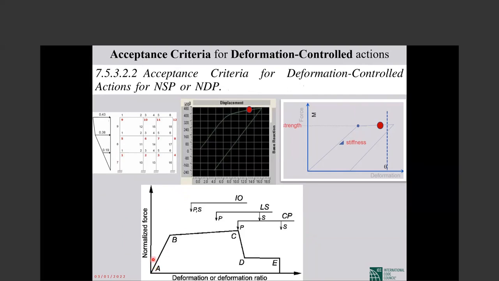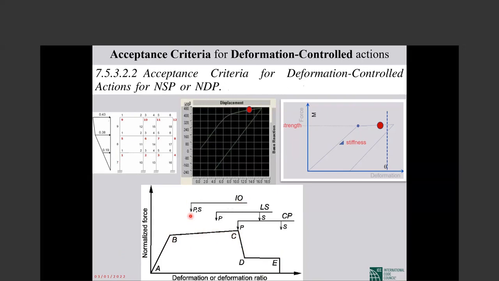Force control, not a big deal. That should remain elastic. But for deformation control elements, whatever condition they have, good, bad, beautiful, ugly, whatever situation they have, easily you can find their capacities and their modeling parameters, this shape, these modeling parameters, and the acceptance criteria.